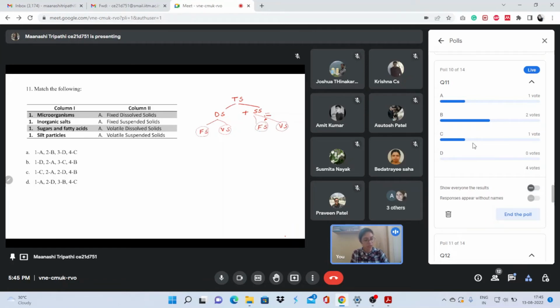Fixed solids can retain 500 degrees Celsius, but the volatile cannot. So you can try to answer this question. You want to see the result? Yeah, so it's very diverse. You can answer this question.